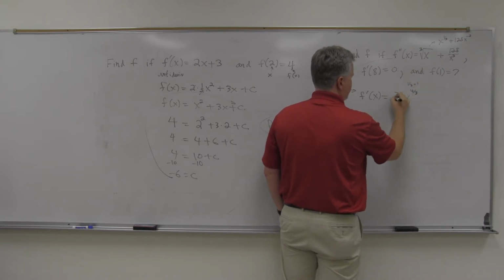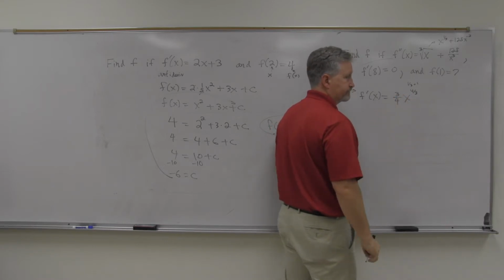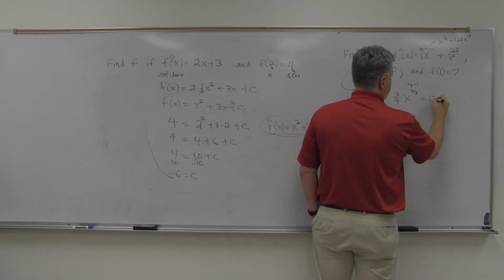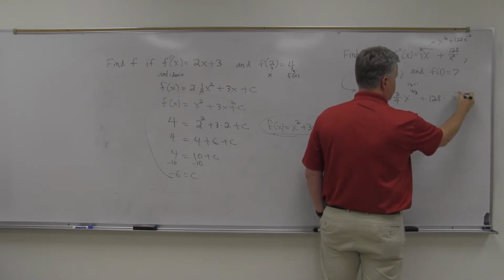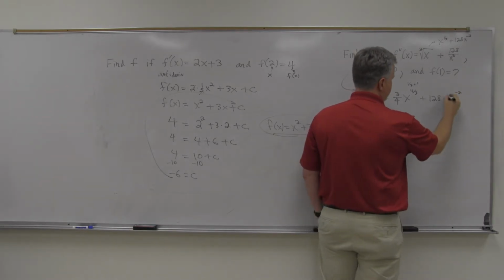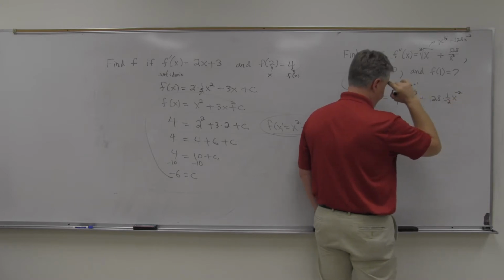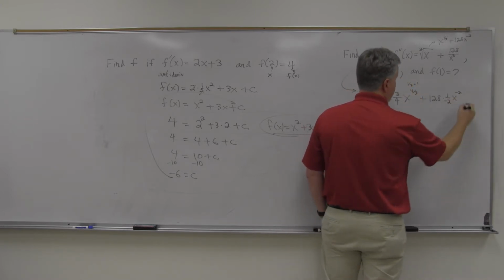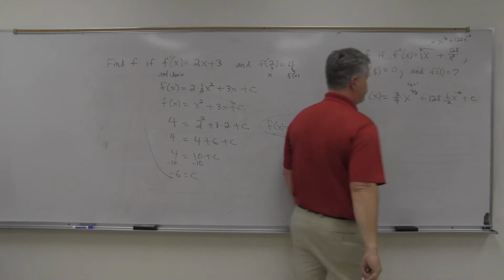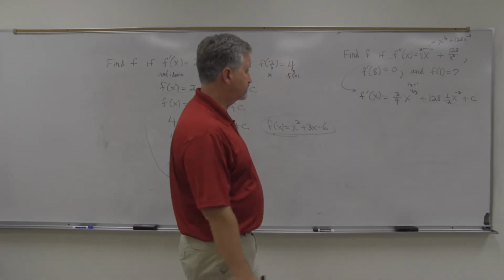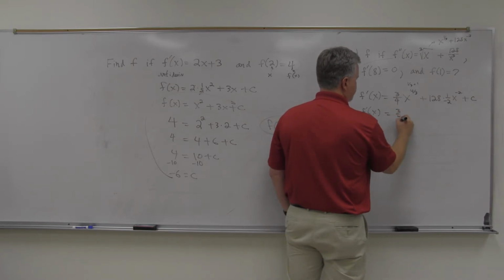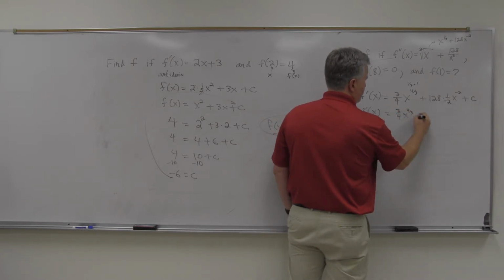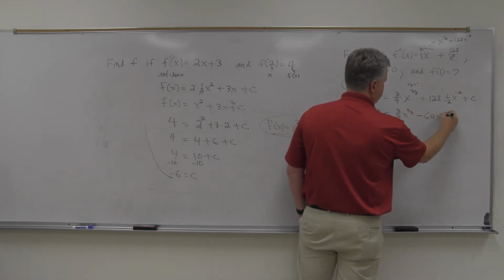And so the number in front would be the reciprocal of that, 3/4. The 128, x to the negative 3, so the new power would be x to the negative 2, because you're adding 1. So I divide by negative 2, 128. And then I have the plus c. 3/4 x to the 4/3 minus 64 x to the negative 2 plus c.